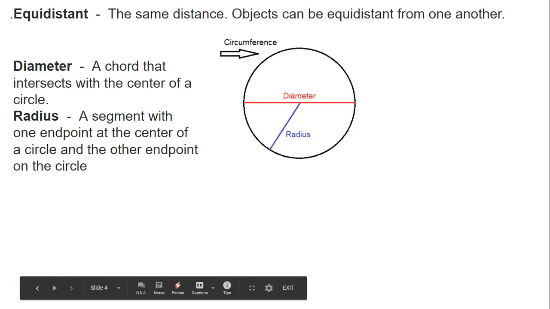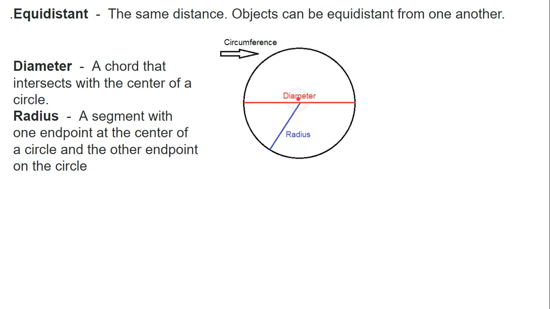The radius is a segment with one endpoint at the center, so it has to start at the center as well. It can't be just any half line somewhere in the circle. It has to start at the center and go to the edge. And the relationship between diameter and radius is that the radius is half the diameter, or 2 times the radius is the diameter. You should be able to go back and forth between those words.